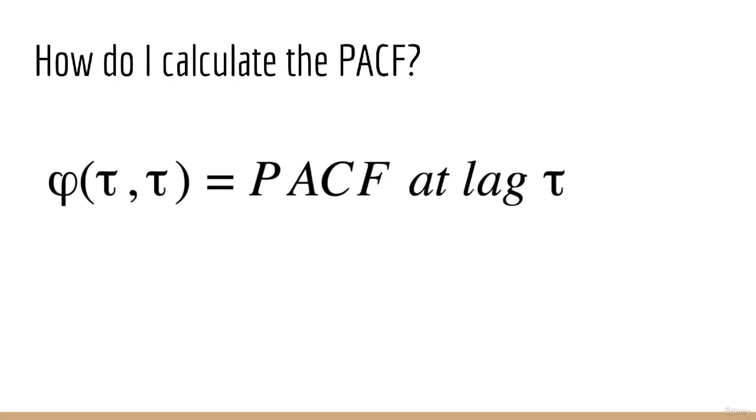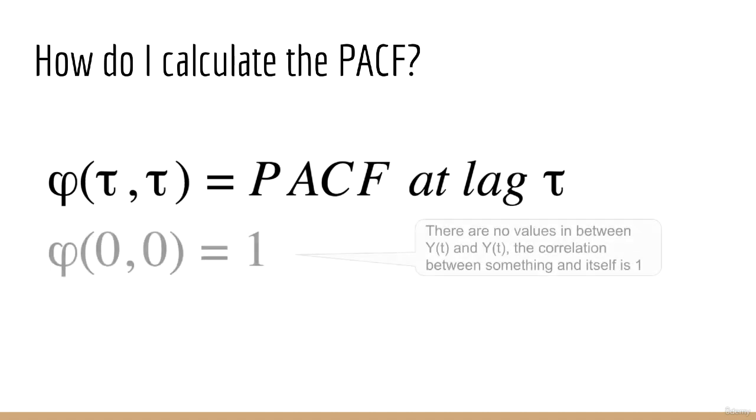The second way to think of the PACF is how we calculate it. We usually define the PACF coefficients using the Greek letter phi, and we use double indices. So we'll have phi 00, phi 11, and so on. In general, these will be represented by phi tau tau. Note that phi 00 will just be 1 as usual.